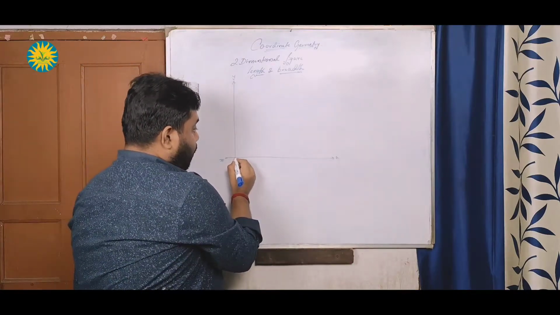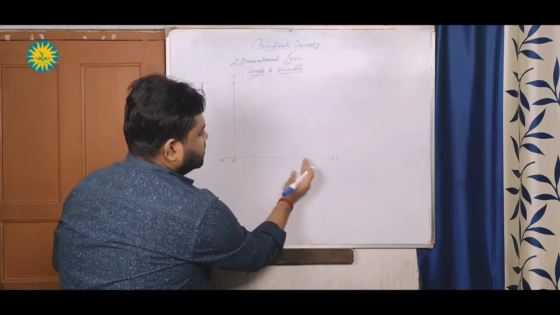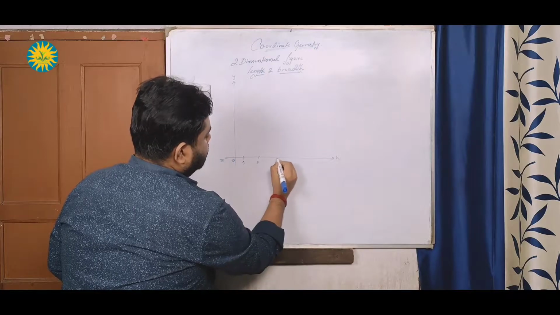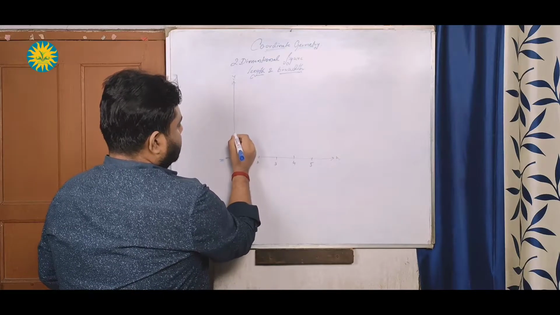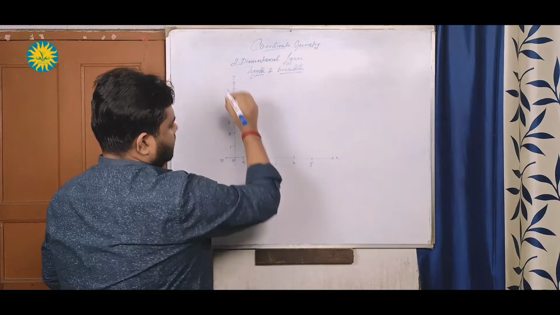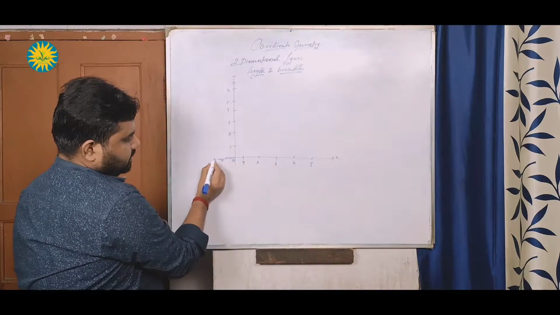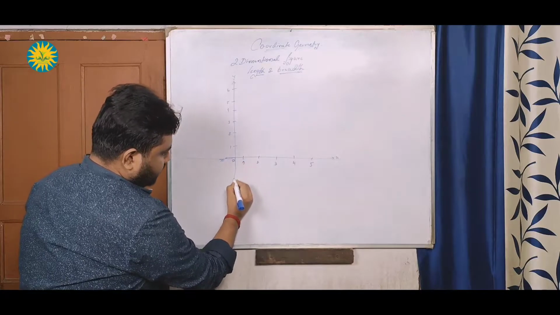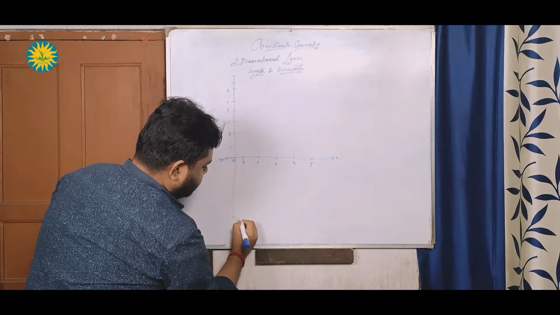The point where the x-axis and the y-axis intersect each other is known as the origin or the 0 point. On the x-axis, this is the positive side, 1, 2, 3, 4, 5, 6, and so on. If we extend the lines, this is the positive side of the y-axis and this is the negative side of the y-axis.